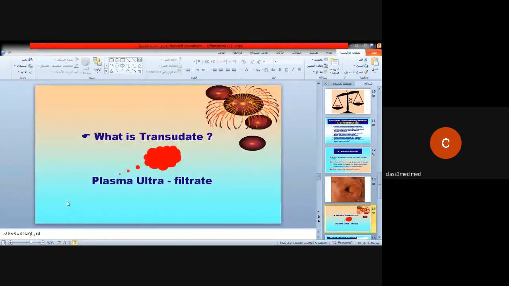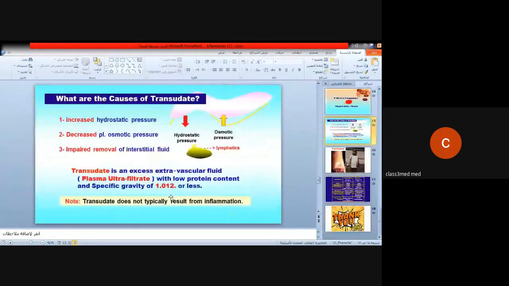We come to the transudate. What is a transudate? Transudate is plasma ultrafiltrate. What are the causes of a transudate?